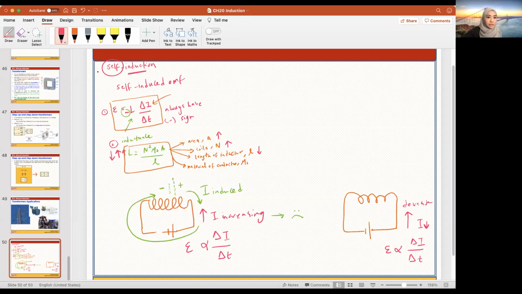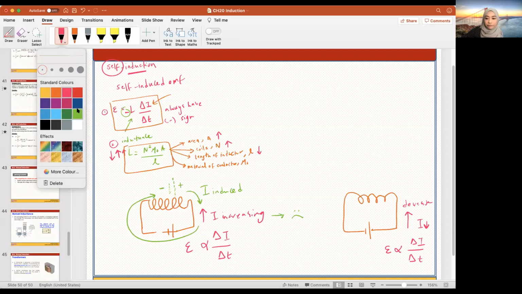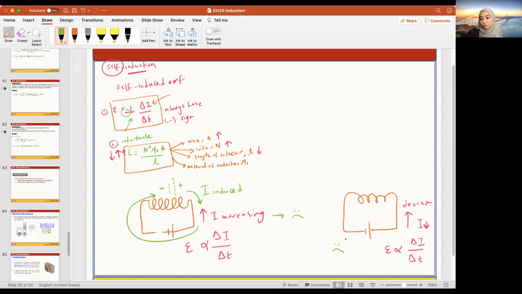Okay, so now it is decreasing. What happens? I start with a sad phase. What should I do? I don't want this to decrease, so I want it to increase. If I want it to increase, I will want to flow in the same direction so that when we combine, the value will increase. So I want to flow in the same direction as the I in the system.